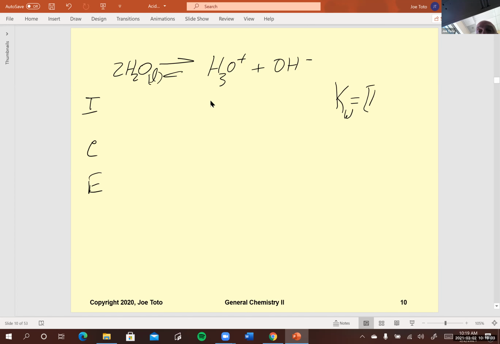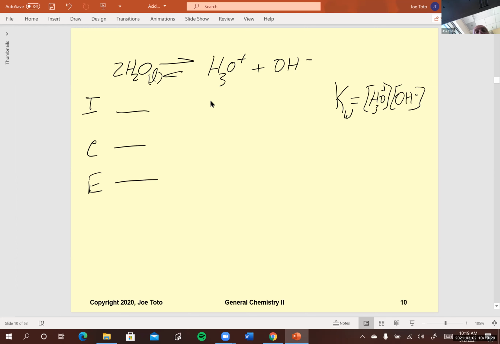Kw just equals H3O plus times OH minus. So we don't have to keep track of the concentration of water. It's already in the equilibrium constant. So in the ICE table, I can just put a dash here because it's not applicable.